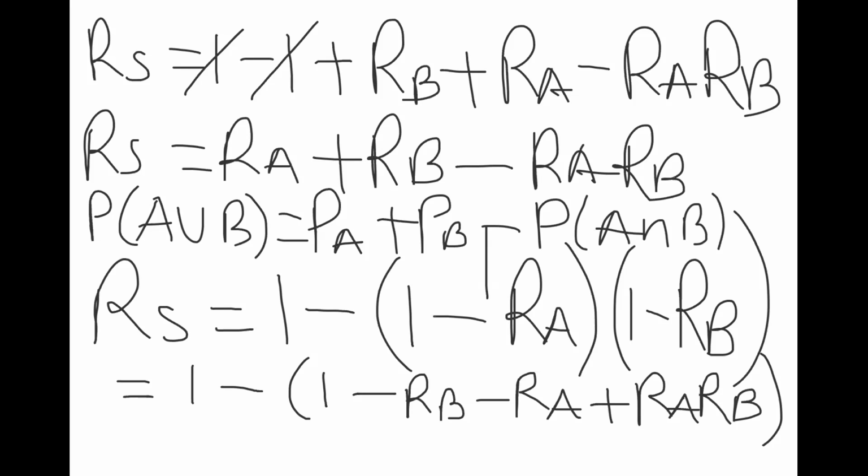Yeah, mathematics is very interesting. Can you see that now? So the parallel connection, when you have two events and you try to find the reliability of the system, will lead to a non-mutually exclusive event, and that is what I just demonstrated.